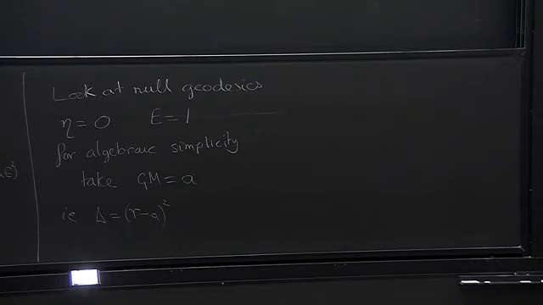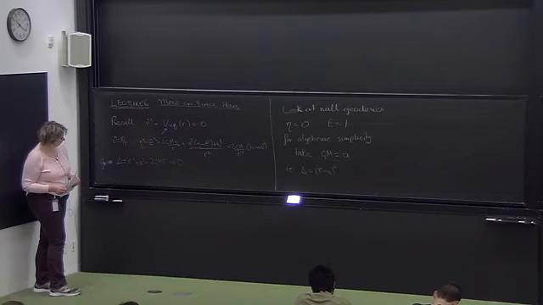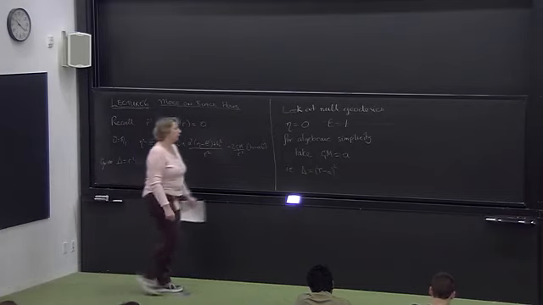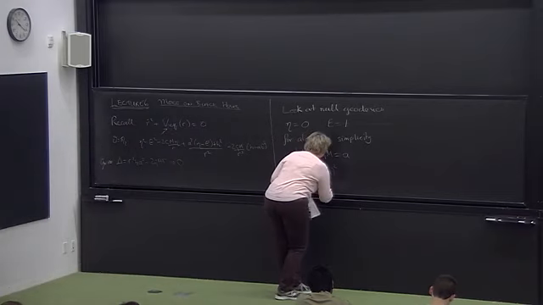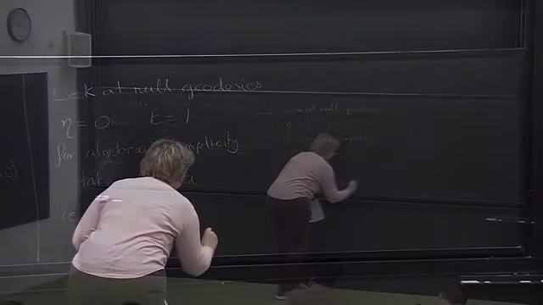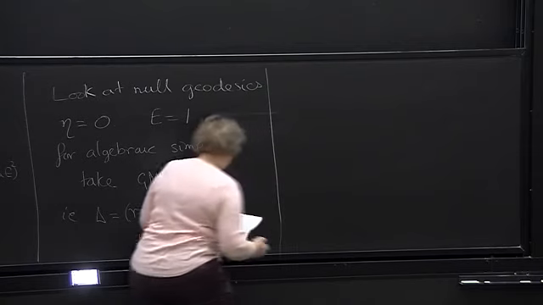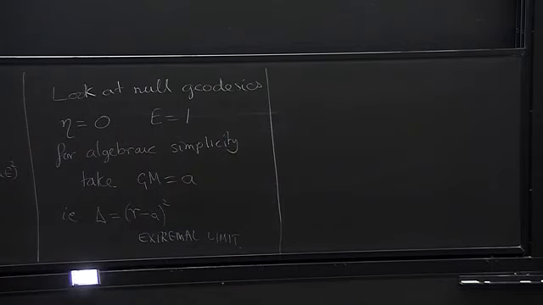If GM was any smaller than a, or if a was any bigger than GM, you wouldn't have a root of this quadratic. So that just makes things a little easier.